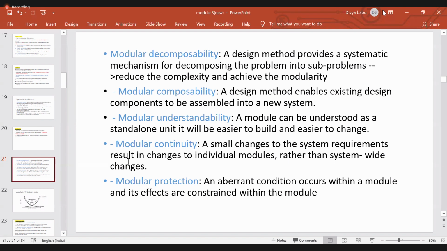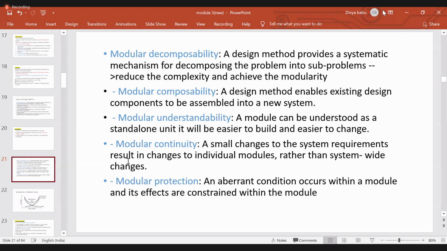Modular protection. Modular protection means suppose any problematic condition occurs within a module, its effect is constrained within that module. That's why another property is very important: we should reduce the coupling between the modules.